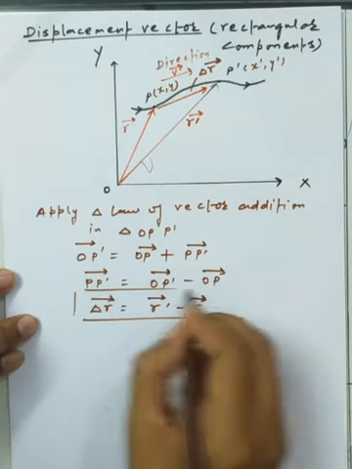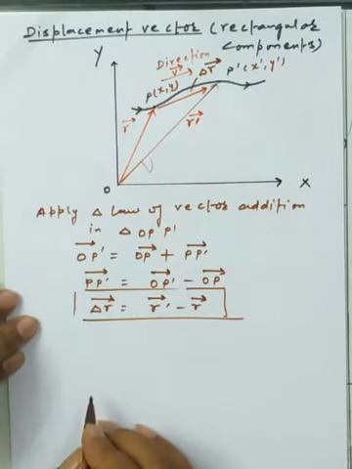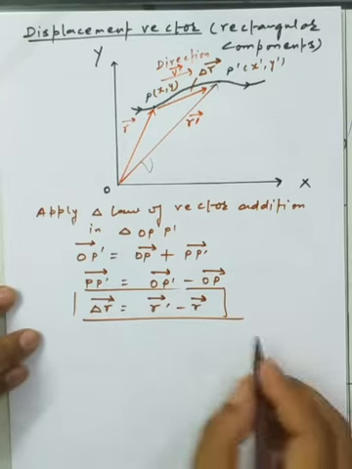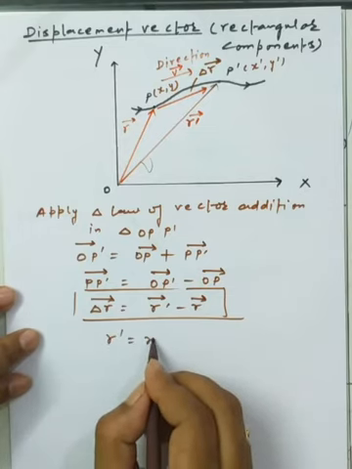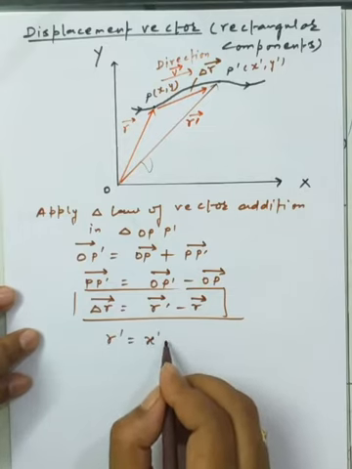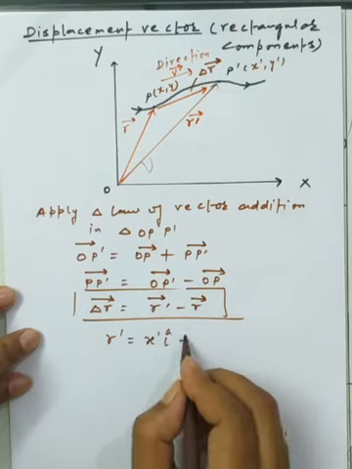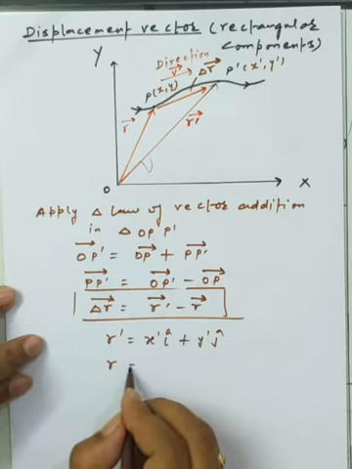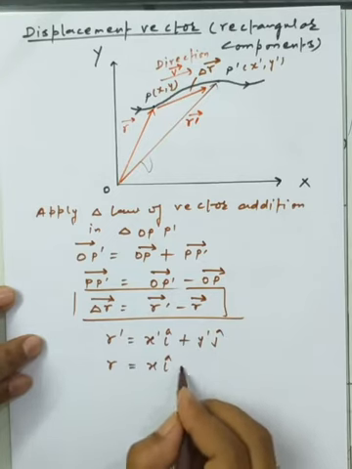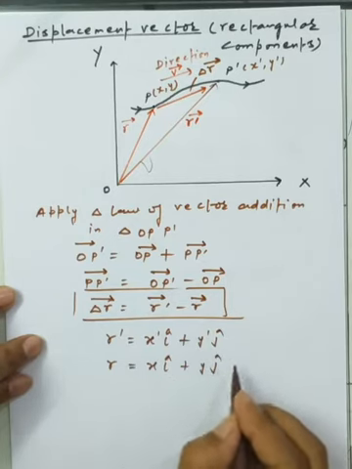This is the simplest portion, but we know that as the particle is moving from P to P dash, in the coordinate system R dash is x dash i cap plus y dash j cap, and R is x i cap plus y j cap.